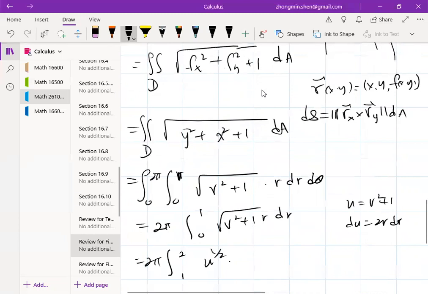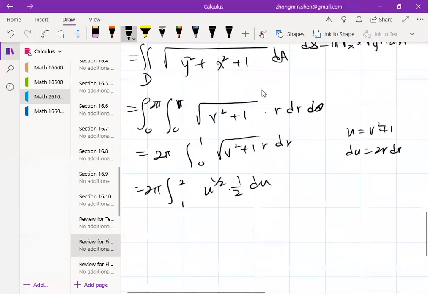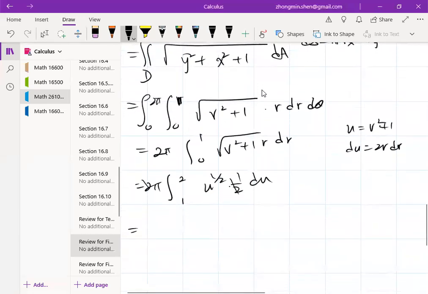This will be half of du. Then the antiderivative, the 2 cancels out, it's pi, and the 2 over 3, u to the 3 over 2.